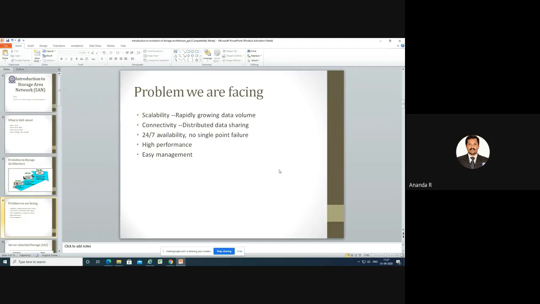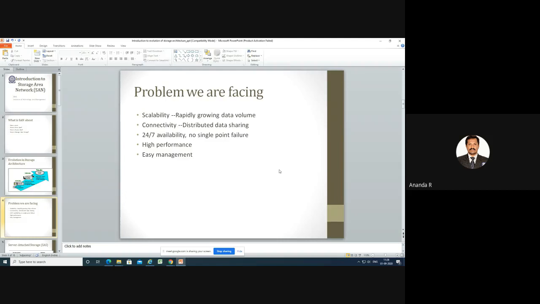Scalability means rapidly growing data volume. The future is completely about data, there is no doubt at all. We are completely dealing with data. Each and every bit of data about each and every person is recorded: your voice, your telephone calls, your text messages, your video calls, what you browse, what you send as mail.